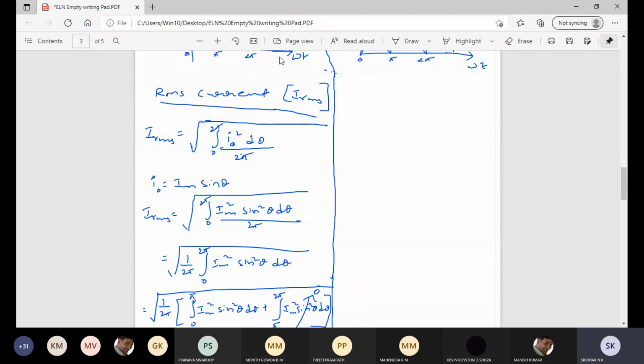So if you just replace I by V, it becomes the RMS voltage. I'll just show you two lines, and the rest you proceed as it is. Instead of current, it will be voltage, and here it is V naught square.